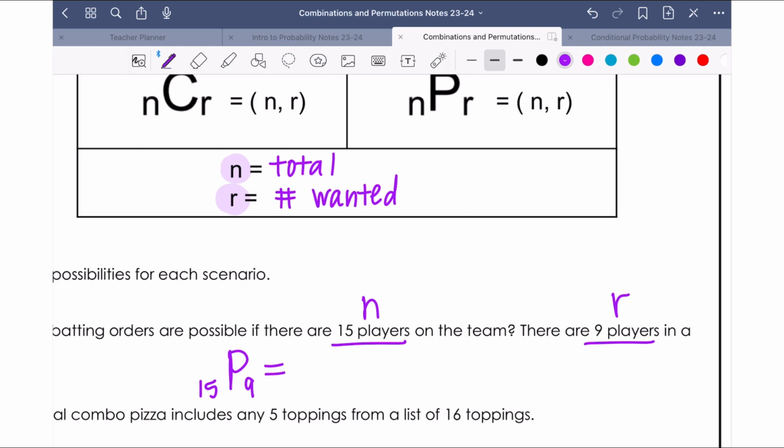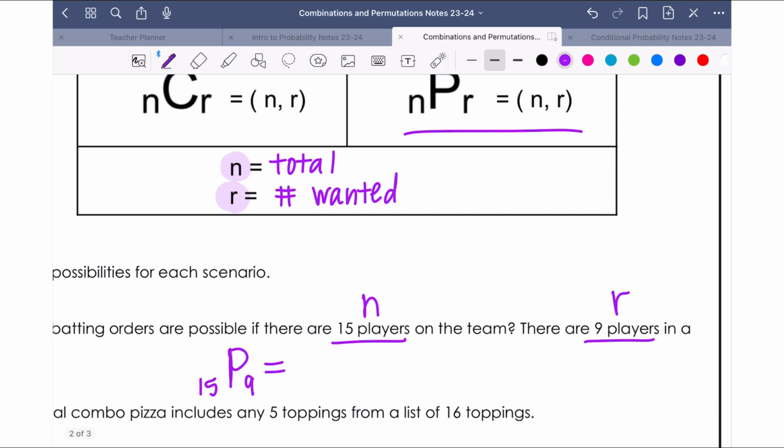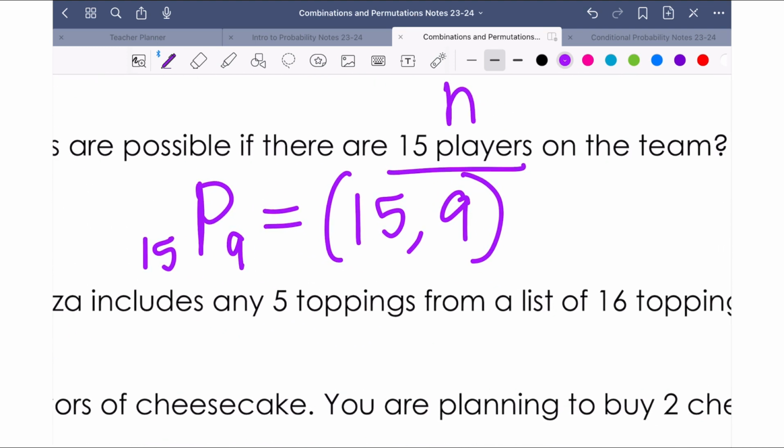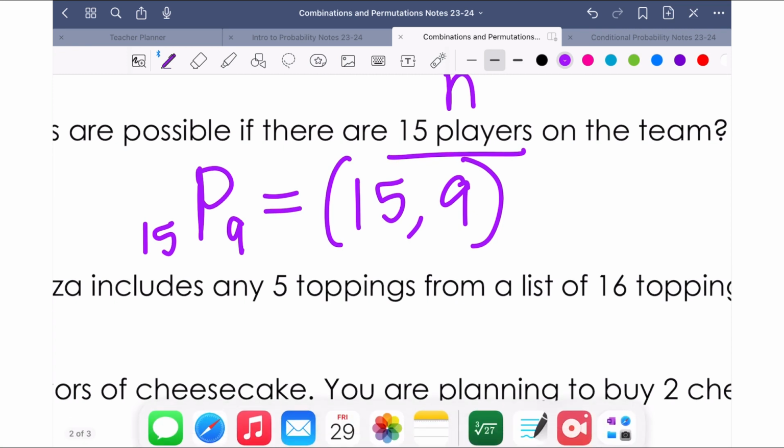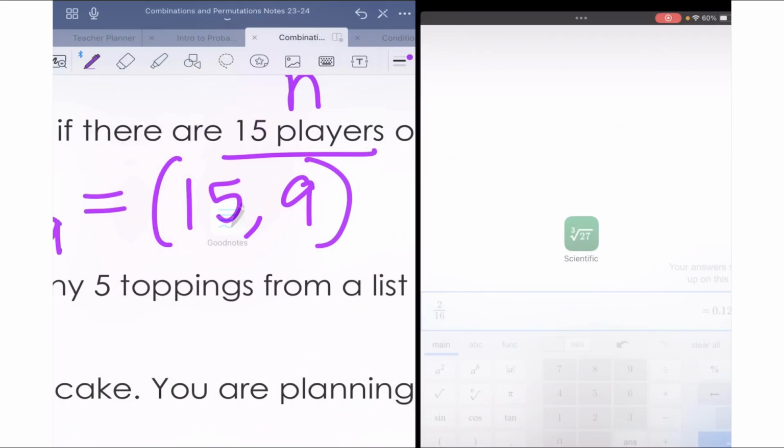Okay? And do y'all see the formula up here? And then you do parentheses and you put the numbers again, 15 first and then 9, and you're going to separate the numbers with a comma in between. So write that down correctly while I open up Desmos.